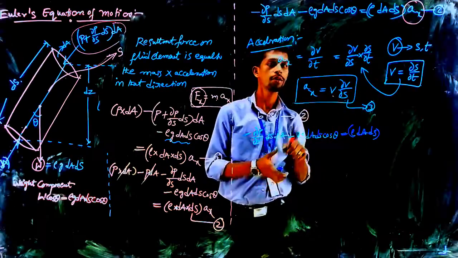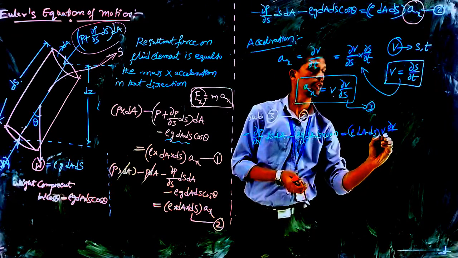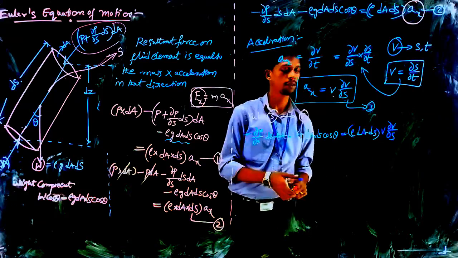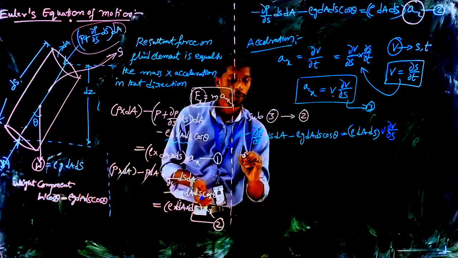So can we write this one? v into dou v by dou s. Get this to this side.